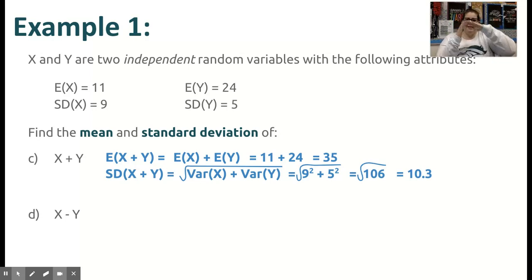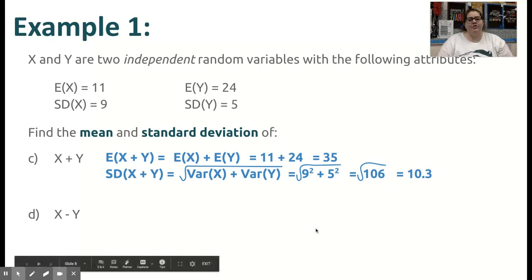Right? Because that's not how the distance formula works. I have to do 3 squared plus 4 squared and then square root it. It's a similar idea with this. It's for different reasons, but it's a similar concept. So again, I call this the Pythagorean theorem of statistics in terms of how we add standard deviations.